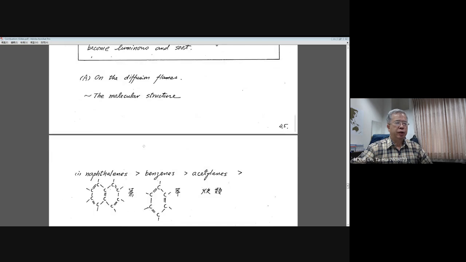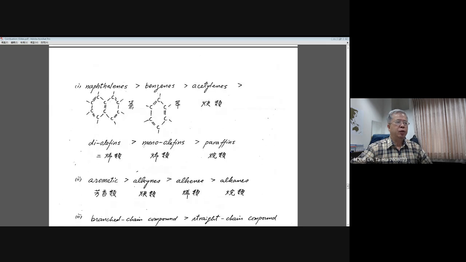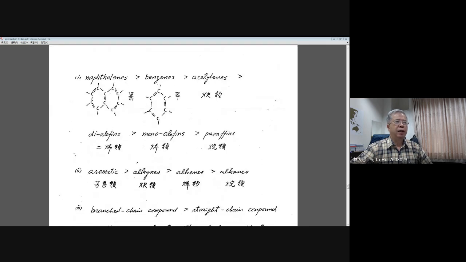From the literature, they found several rules to identify the formation of soot particles through the molecular structures. The first one: people found that naphthalenes are larger than benzenes, ethylene and diolefins, then normal olefins, then paraffins. Paraffins have the least soot formation in the diffusion burning process.